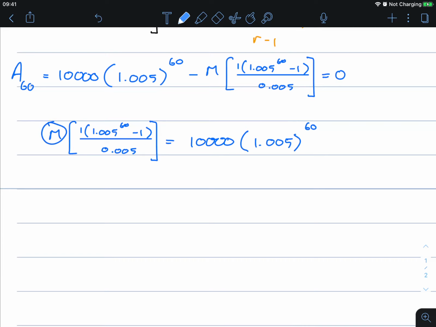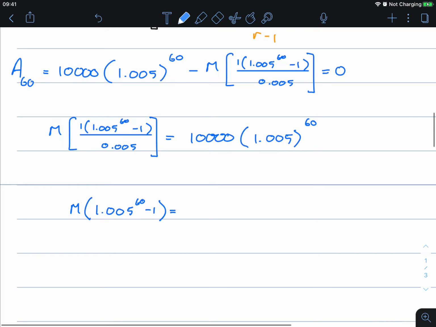Solving for m, I'll do this one at a time. It becomes m outside of 1.005 to the power of 60, take away 1. And all I'm doing is multiplying this because that is a denominator.